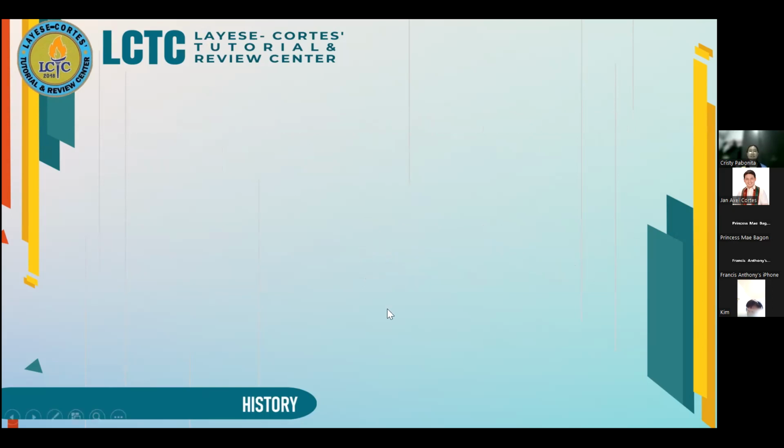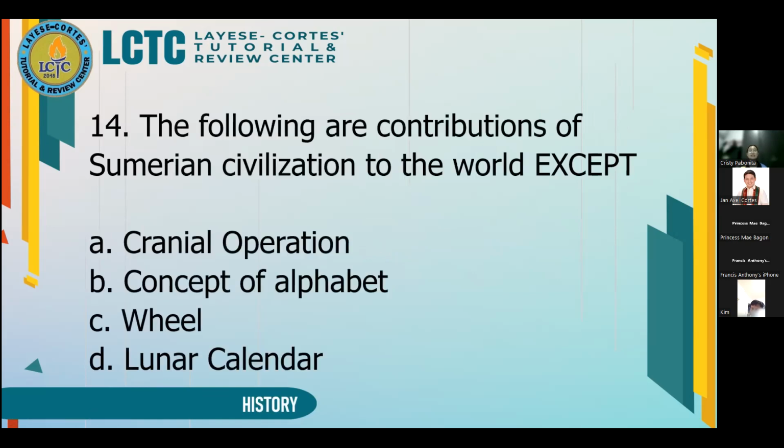Okay, so next is 14. History again. So the following are contributions of Sumerian civilization to the world, except, the one that is not a contribution of the Sumerian.